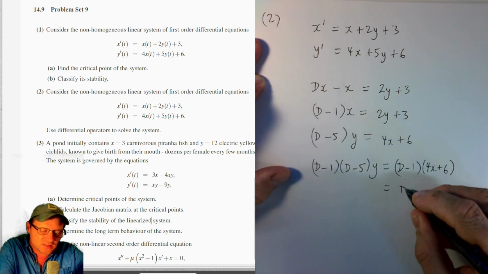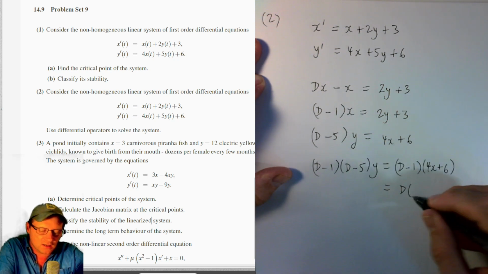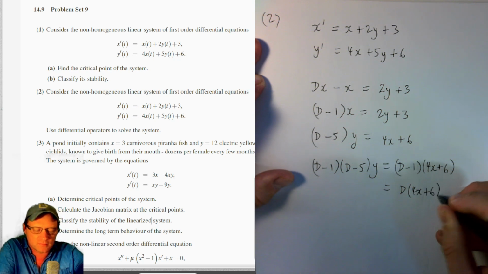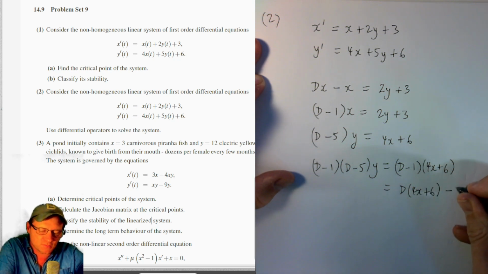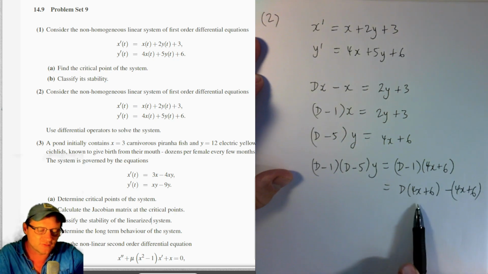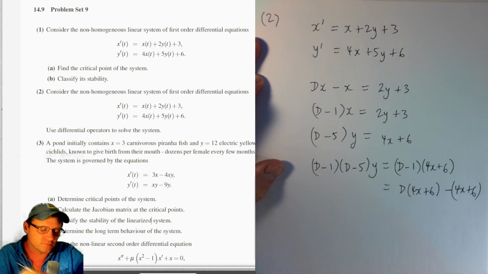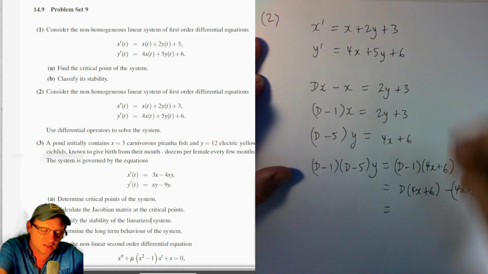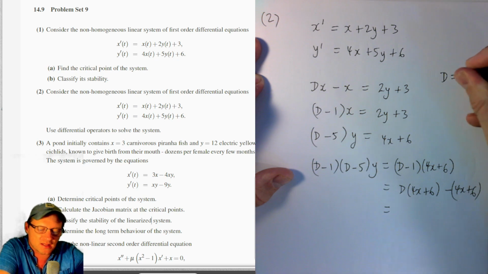so that gives us D of (4x + 6) minus, in brackets, (4x + 6). Okay, now this says to differentiate this. And so we're doing that with respect to t here because D represents, take the derivative with respect to t.